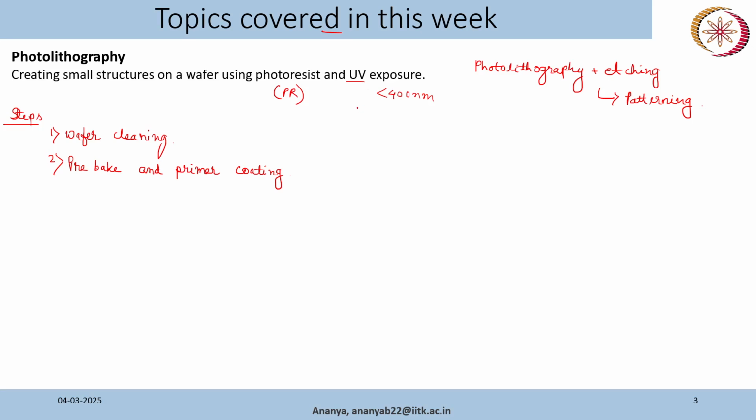So the primer that we use for silicon photolithography is HMDS. It improves the bonding between the photoresist and wafer.